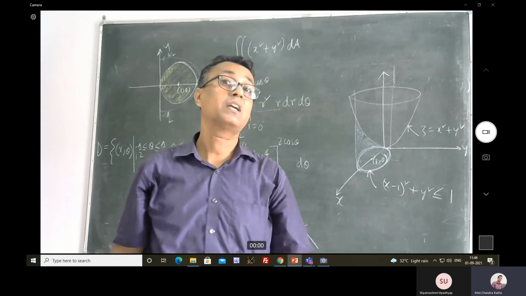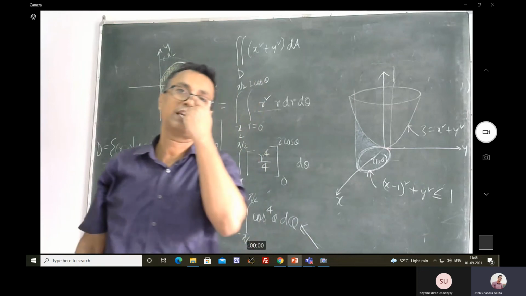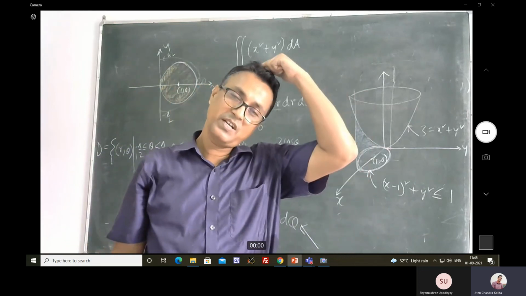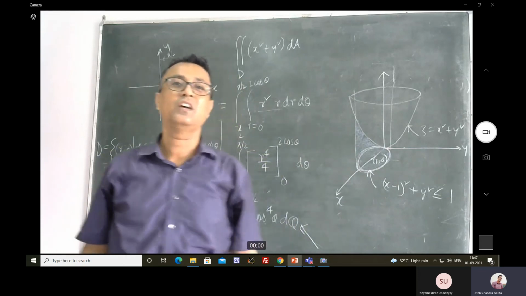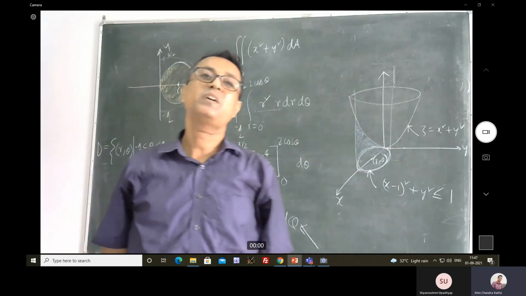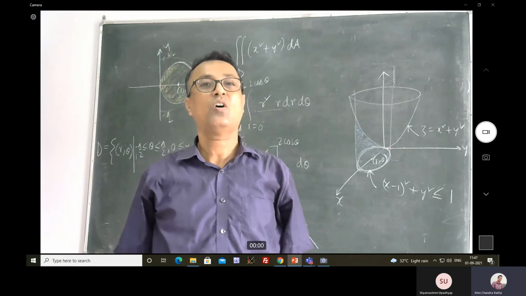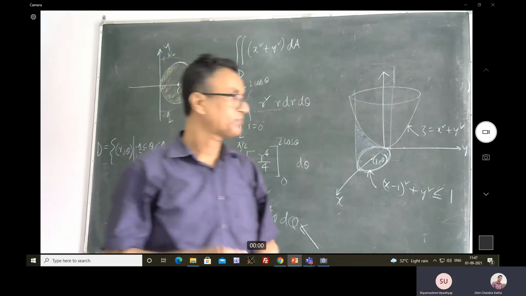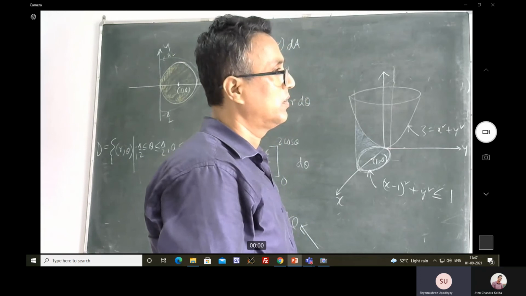And similarly, what we did in Cartesian coordinates, that union concept. If it is neither type 1 nor type 2, but remember, whatever arbitrary region you are given, eventually you would be able to express it as a union of type 1 and type 2 regions. Okay, fine? So all regions can be expressed as unions of type 1 and type 2.